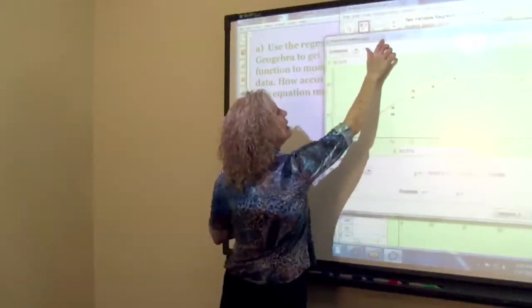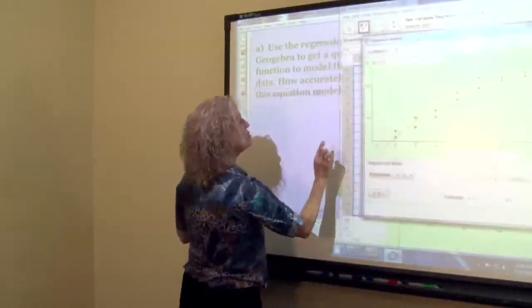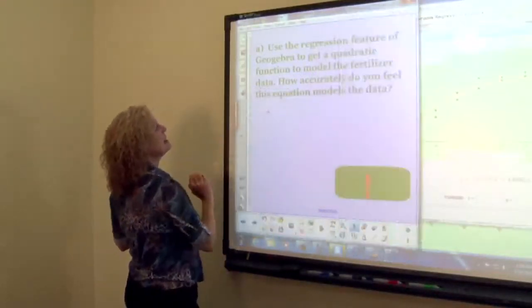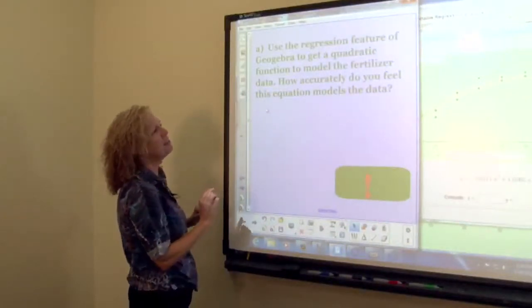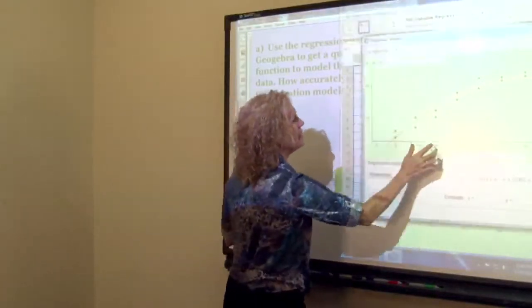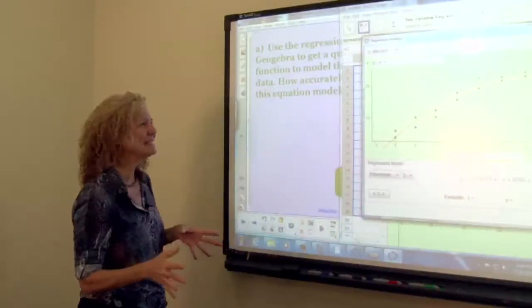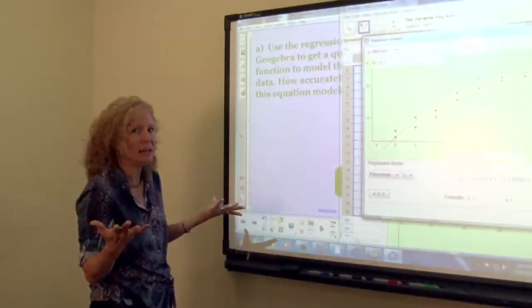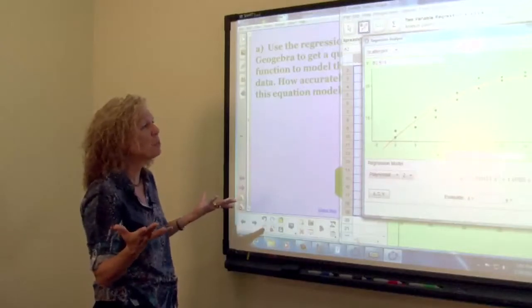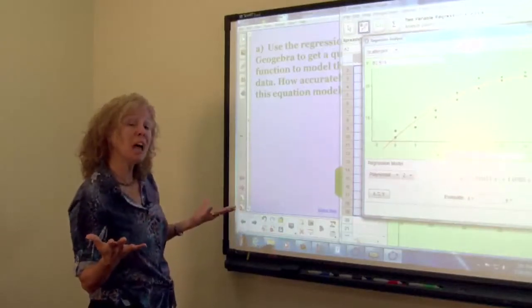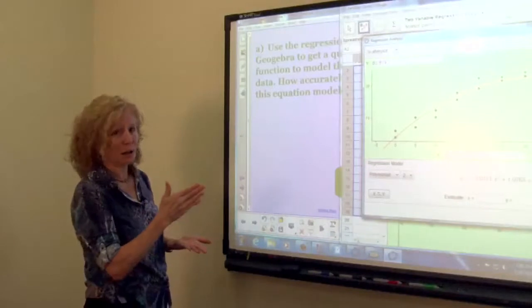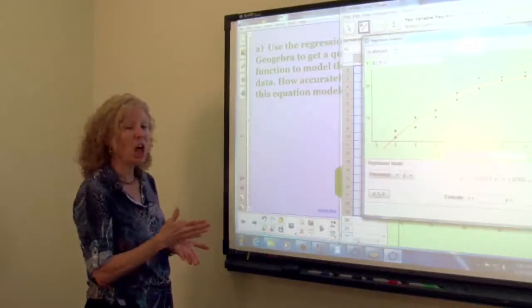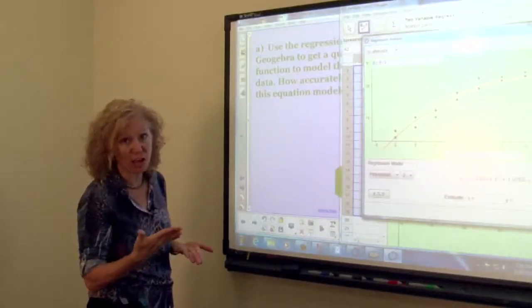Okay? So there's my equation, and I said, how accurately do you feel this models the data? How well can anything really model it? I think some of the other ones would model it better, but you realize that your yield on a corn crop is going to have a lot of other factors besides just fertilizer.